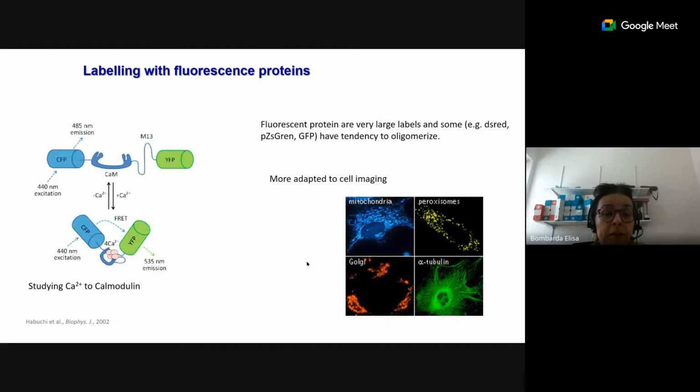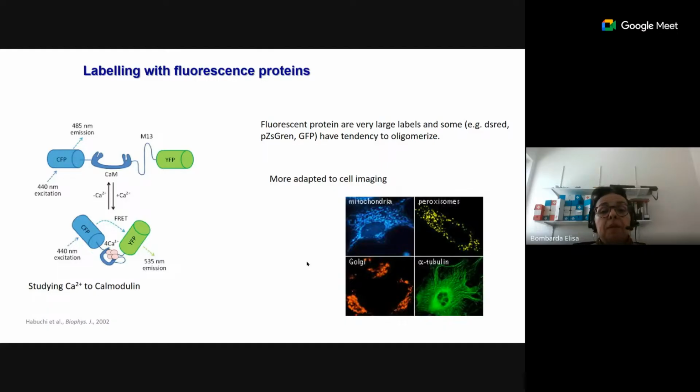So here we touch one drawback of fluorescent proteins, which is the fact that they are very large labels. Moreover, some of them have a tendency to oligomerize, introducing additional complication to our system.